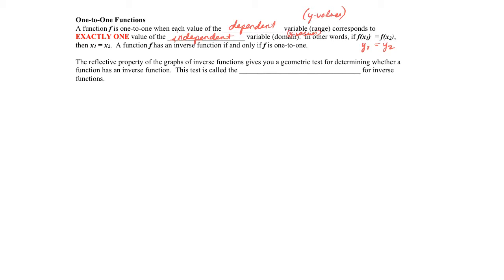Because the only way that's going to happen is if the outputs are the same, the inputs have to be the same, if each value of the dependent variable, so each of the y's, has exactly one x associated with it. So the way to remember this a little bit easier is just to say that every y value has only one x value.